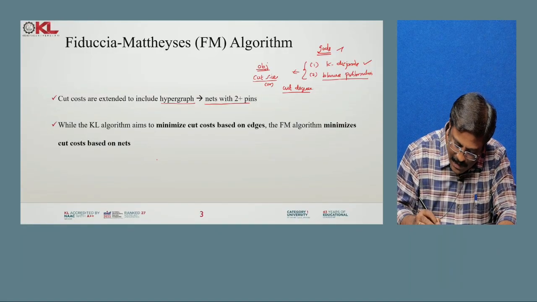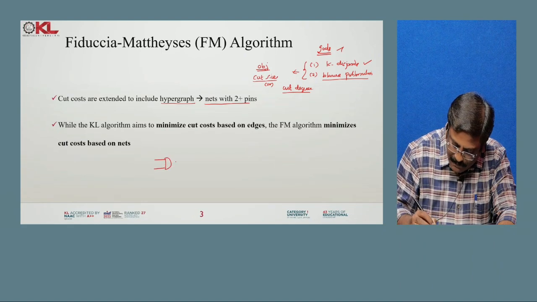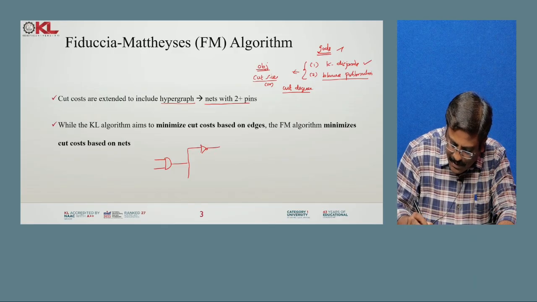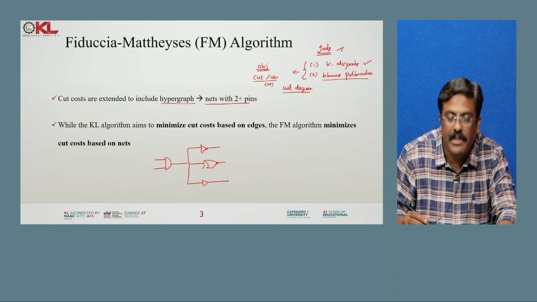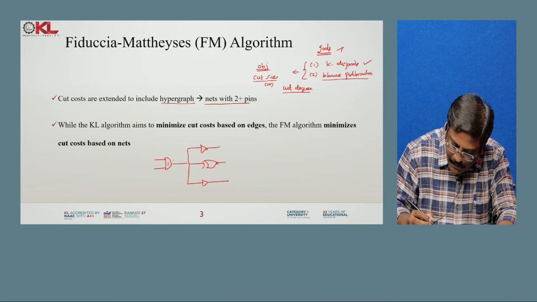Let's assume a circuit like this. There is one AND gate, and this AND gate is driving one NOT gate, one XOR gate, and one buffer. So this is the first cell, second cell, third cell, and fourth cell.